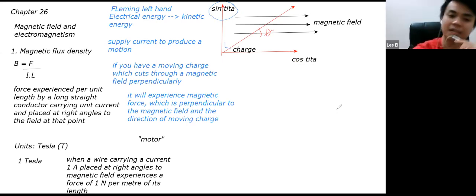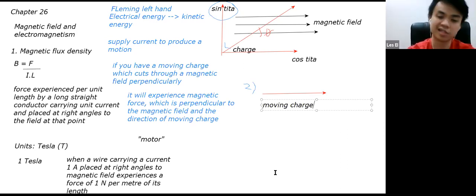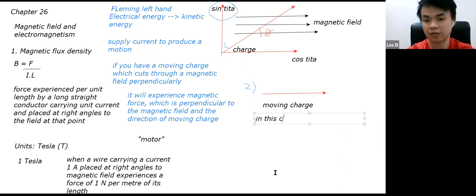So in this case, you still will produce a magnetic force. You still will experience a force. But in the second case, if you make the moving charge exactly parallel to the magnetic field, there will be no magnetic force.